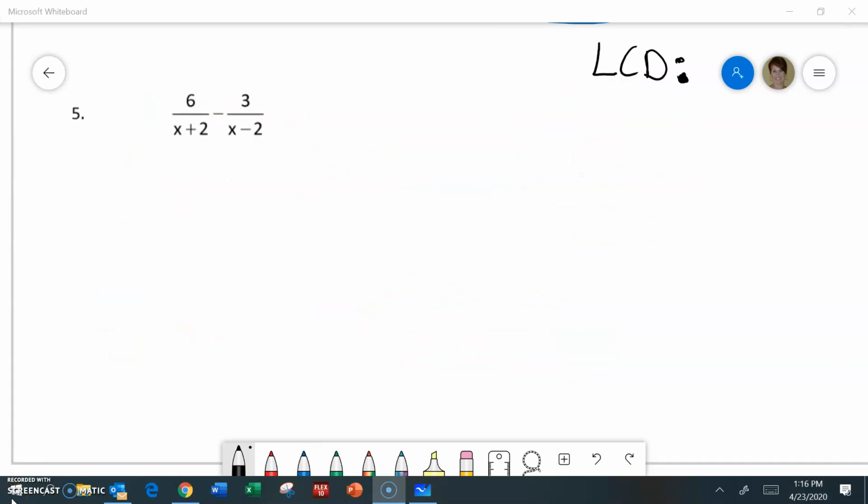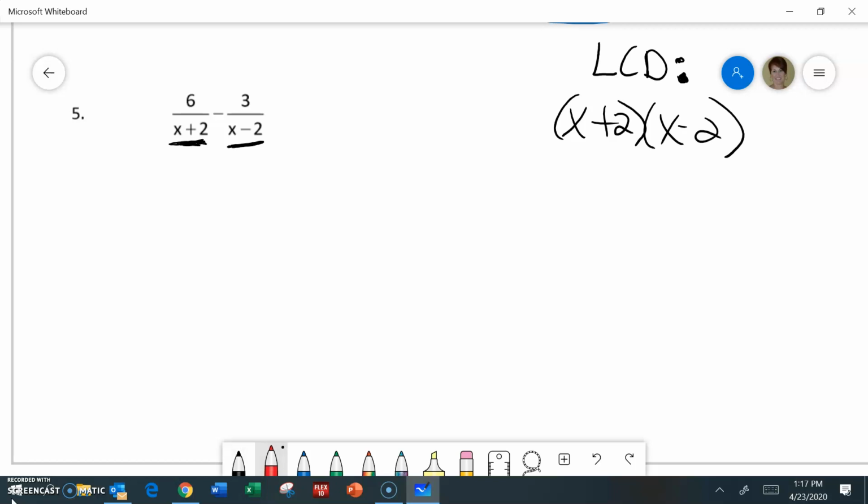All right, your last example of subtracting rational expressions with unlike denominators. Now, x plus 2 is the denominator of the first fraction, and x minus 2 is the other. Remember, factors are things you multiply together, and we're looking for the least common denominator. So once again, we're going to have a least common denominator of x plus 2 times x minus 2.